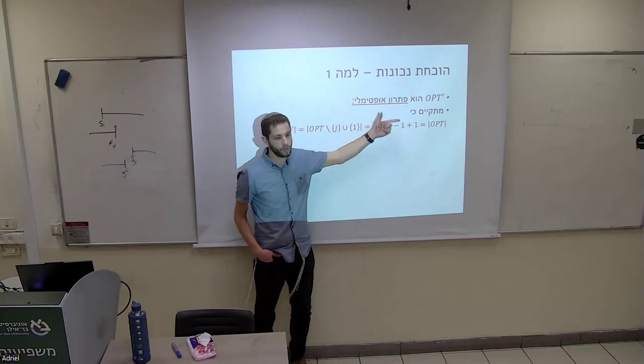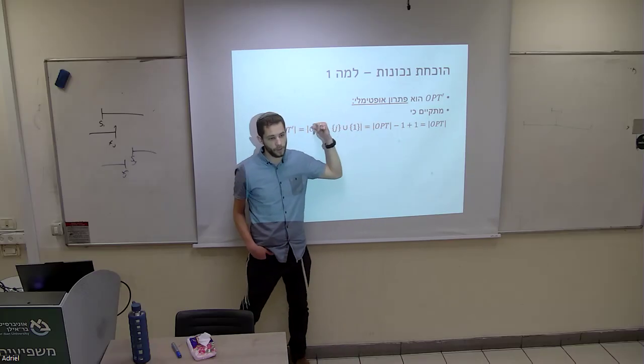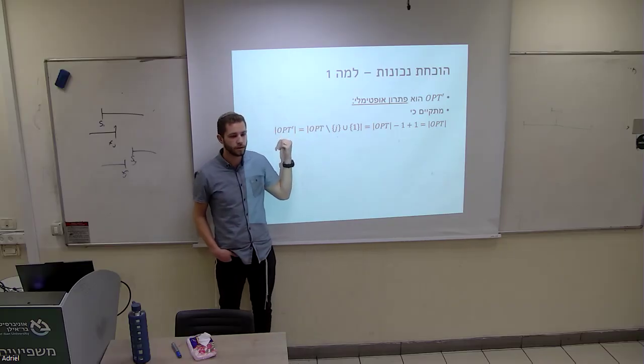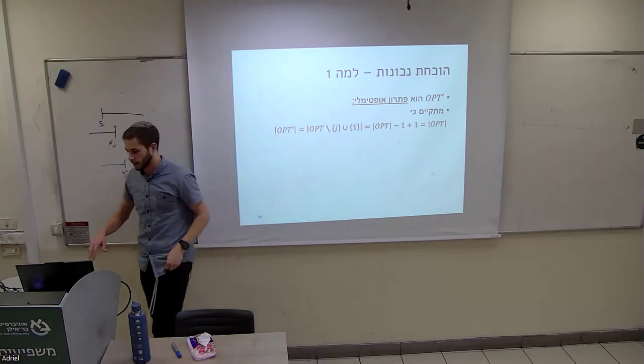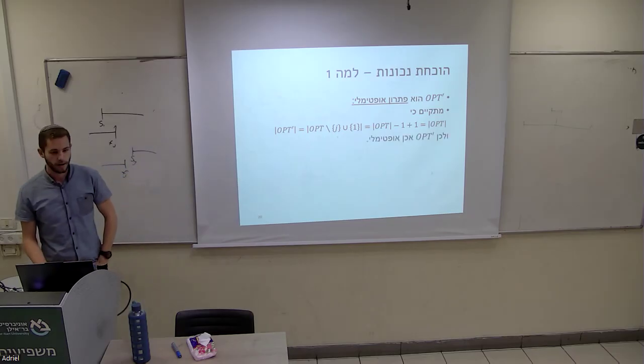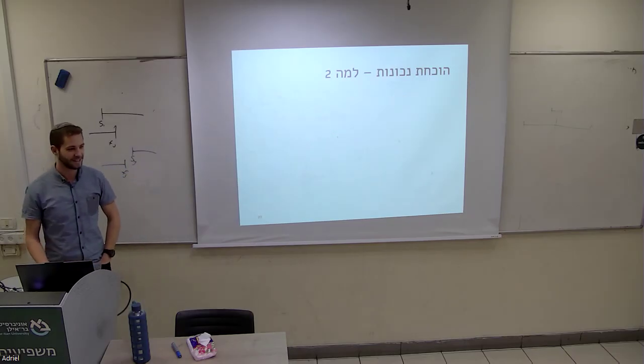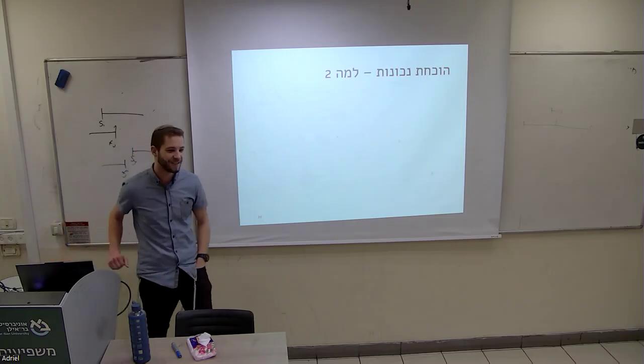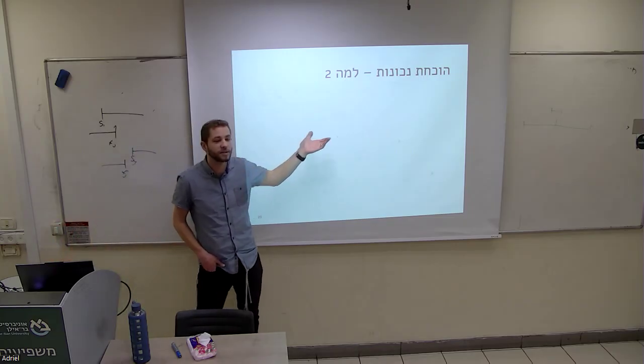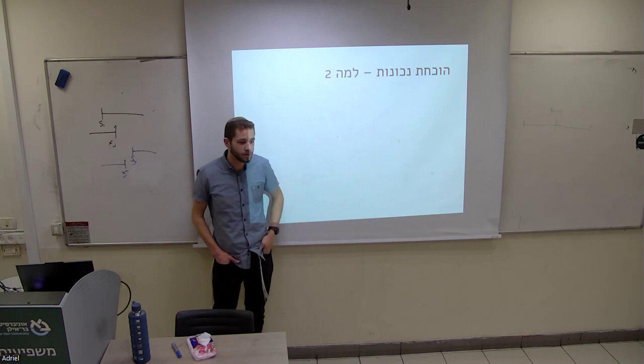So therefore, opt tag is optimal, and also our solution that we created is optimal. That's it. Very, very short. So we are done proving the first lemma, which is the greedy choice.